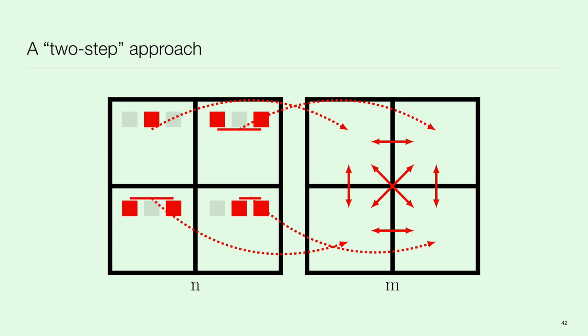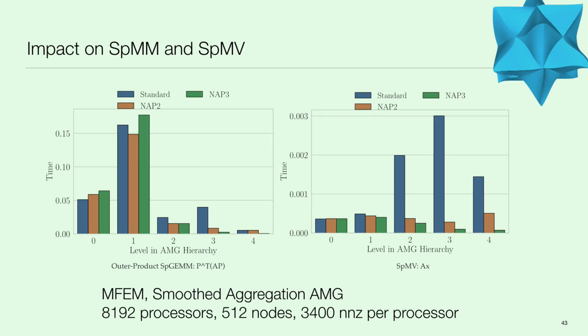And so in a way, we're balancing across communicating cores how much information is being sent, and in total, for each one, we're reducing the amount of data.